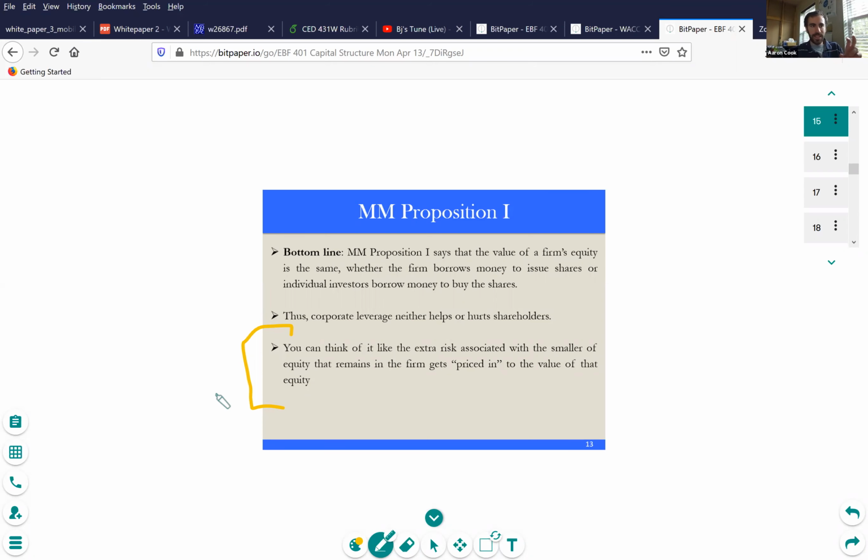And so in that sense, it's impossible for the firm to borrow and generate any kind of extra returns above and beyond what an investor could just get him or herself.